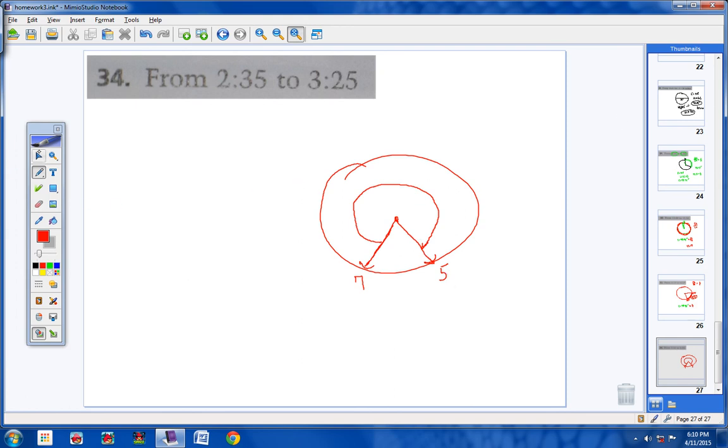So this minute hand started here on the 7, and it rotated all the way around to the 5, okay?